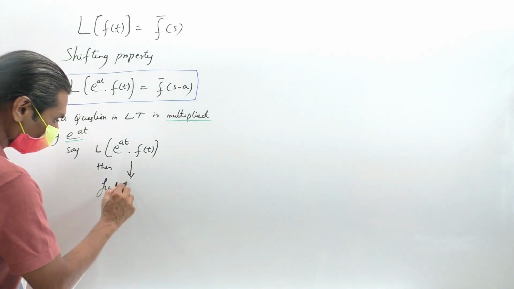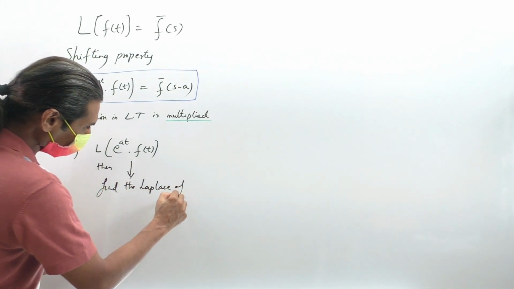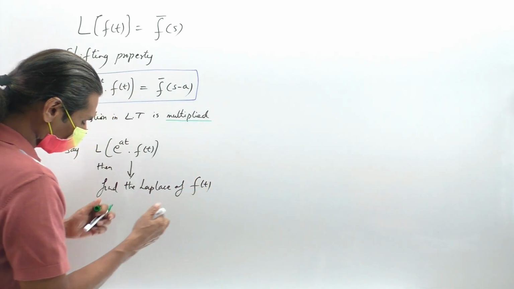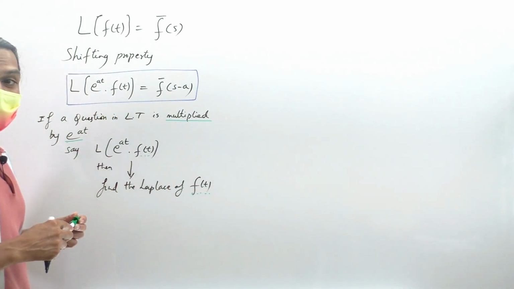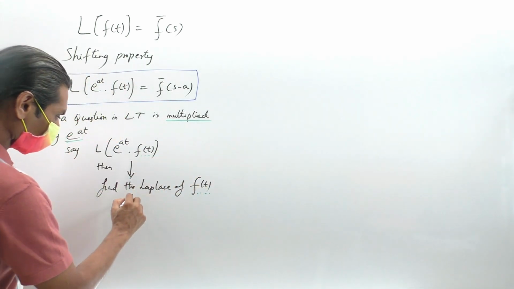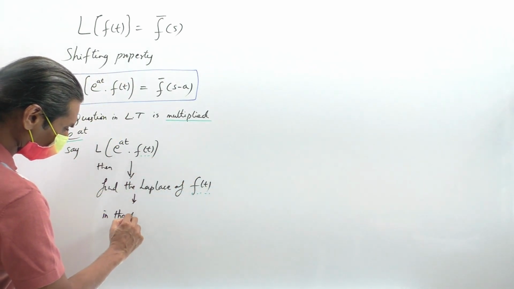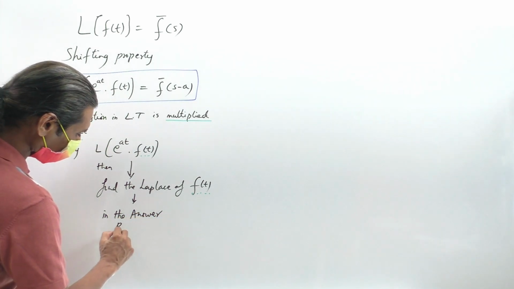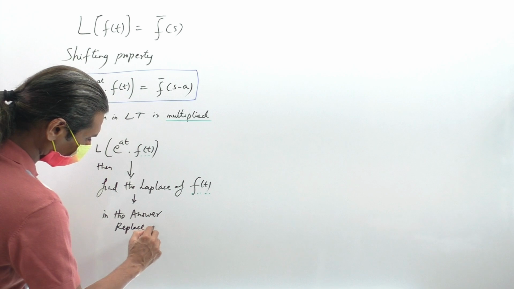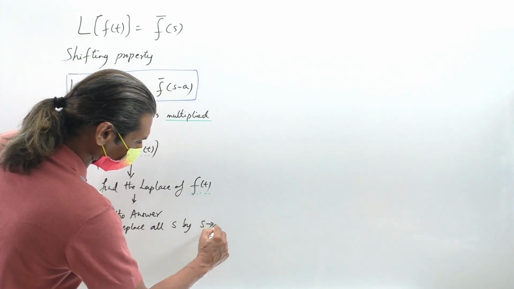Find the Laplace of f of t. Which f of t? This f of t. Find the Laplace of f of t, and then in the answer replace all s by s minus a.